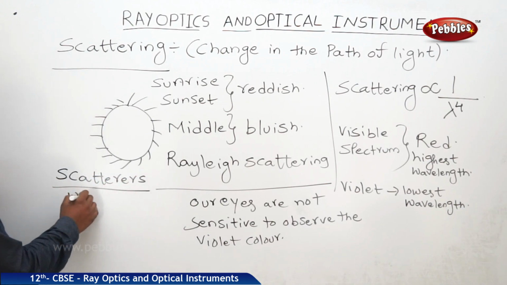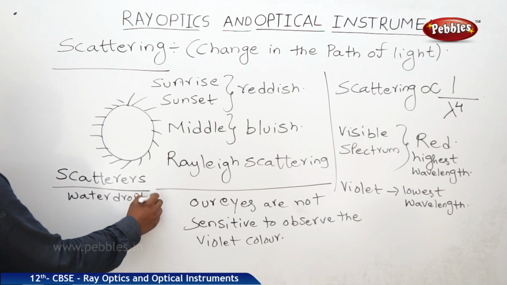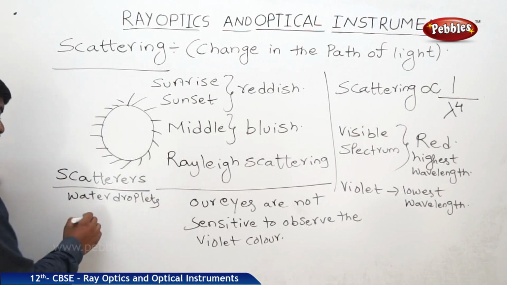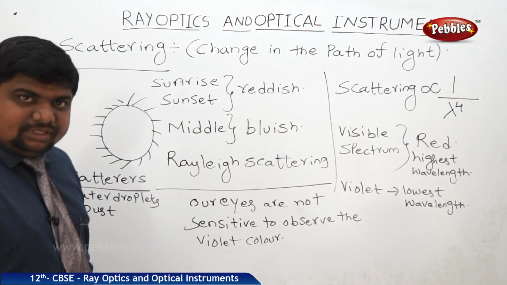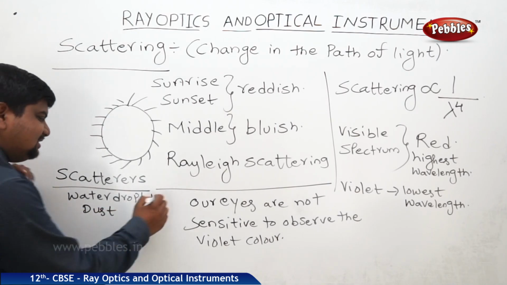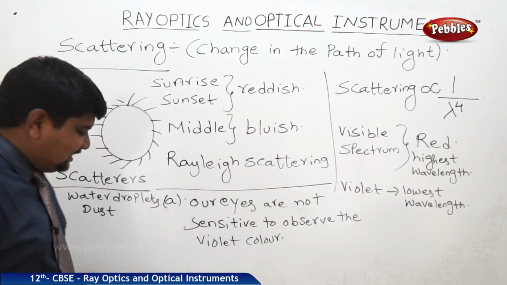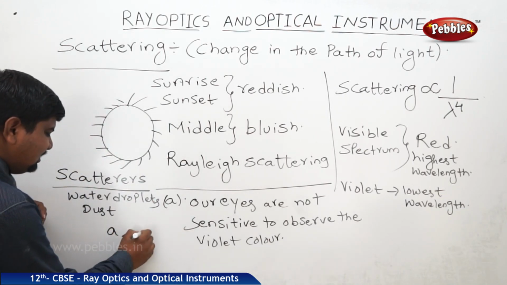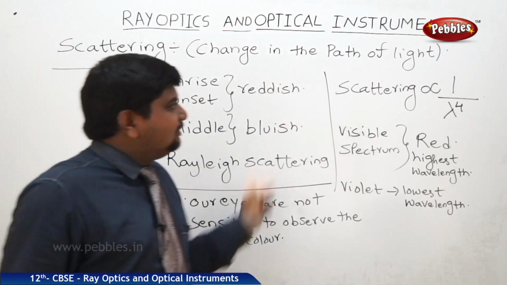Scatterers may be water droplets, maybe dust particles, many other reasons. Suppose these water droplets are there, the scatterer's size is said to be A. If the scatterer's size is much less than the size of the wavelength, then this type of scattering will occur.